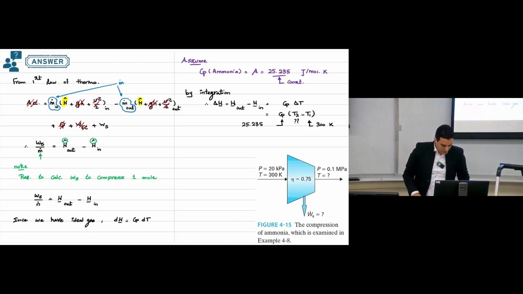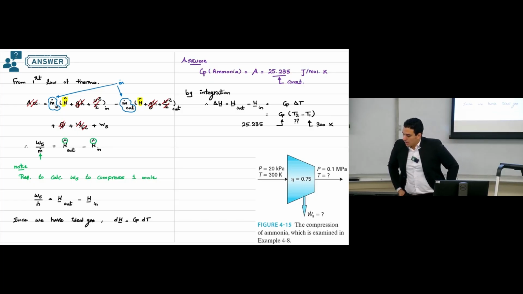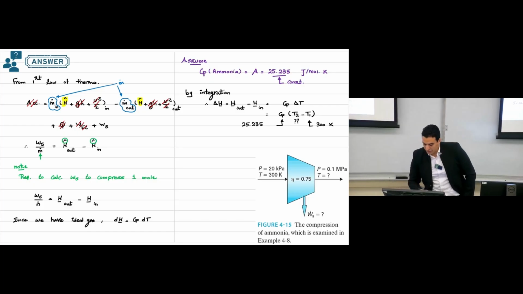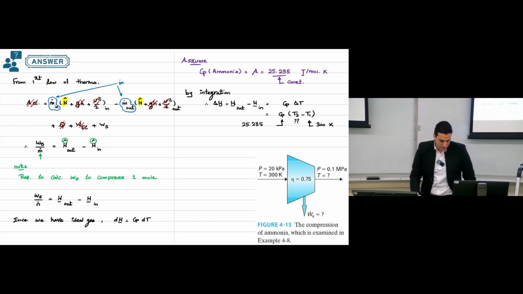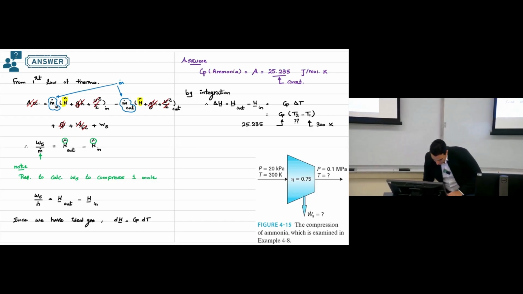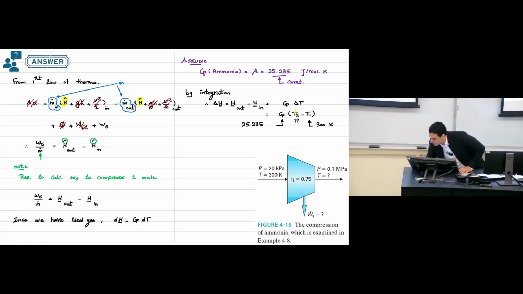So I don't know the value of T2 in this example, and this is why I have a problem in calculating it. So we need to find a way to calculate the outlet temperature.